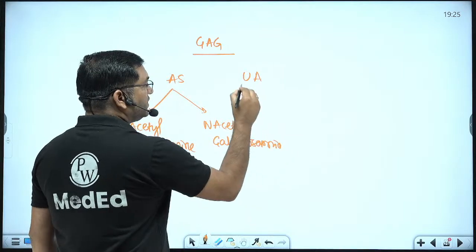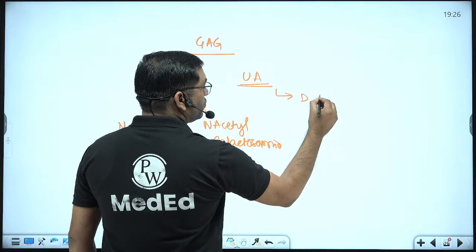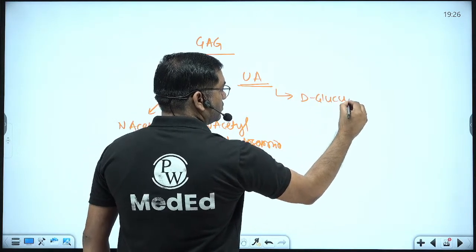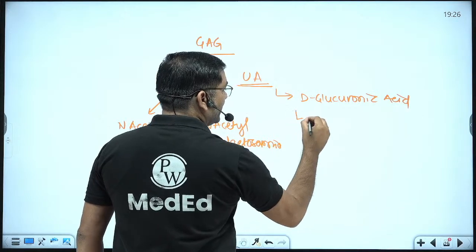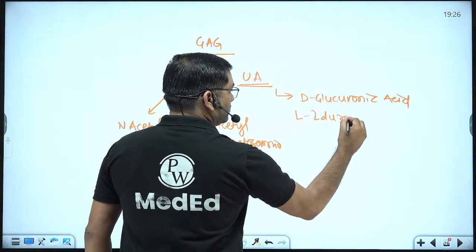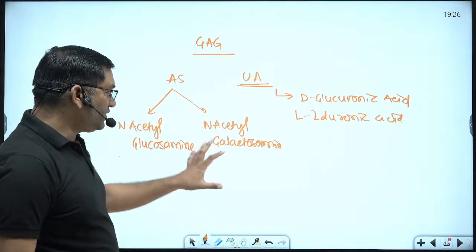And uronic acid is of two types. One, in all there is D-glucuronic acid, and in some it contains L-iduronic acid. So try to remember this part.